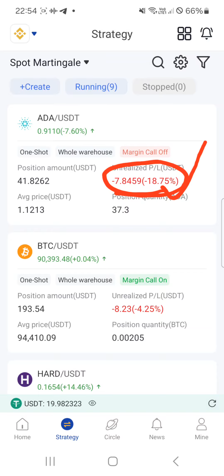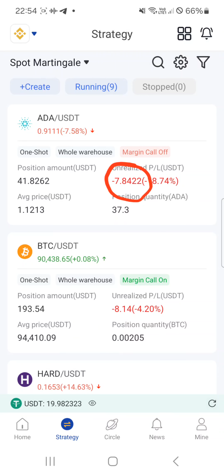7.8459, that is the USDT. My trade right now, ADA, has a negative 7.83. You can see that the price keeps changing. Negative 7.8, the first figure, which is not in the brackets, is the USDT.